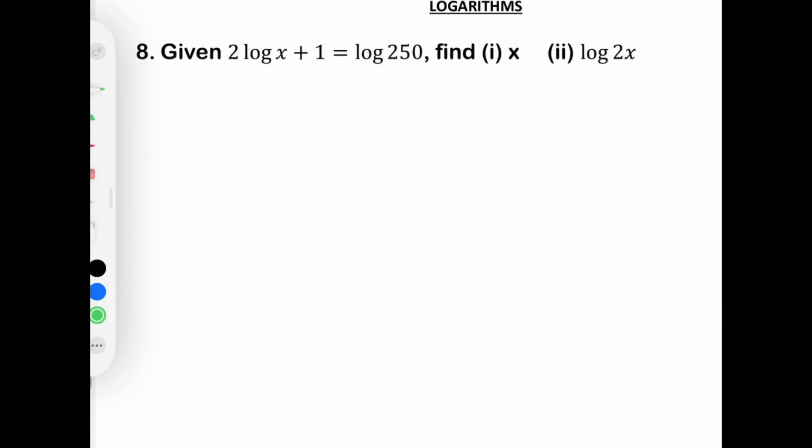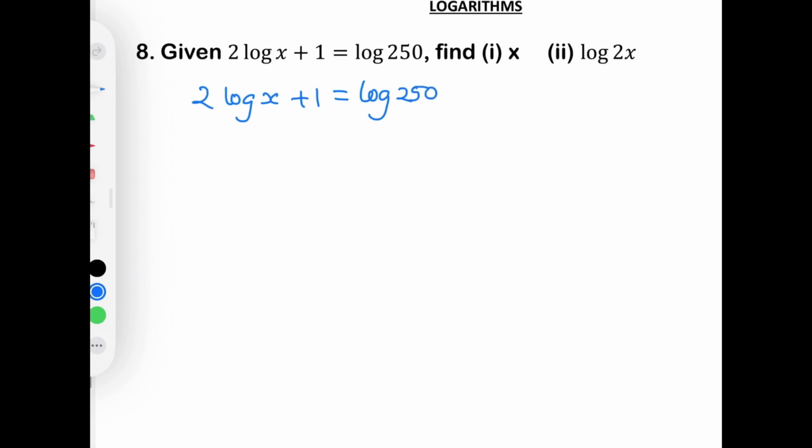The next question says, given that 2 times log x plus 1 is equal to log 250, find the value of x and log 2x. So first of all, the given equation is 2 times log x plus 1 equals log of 250.